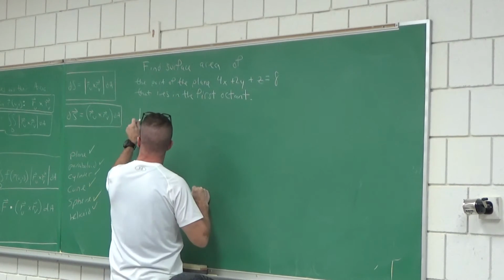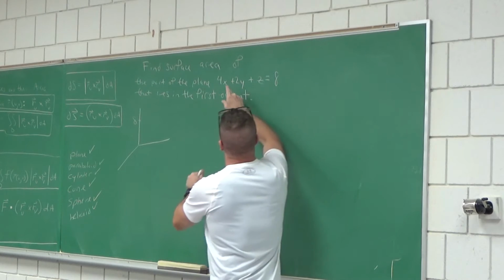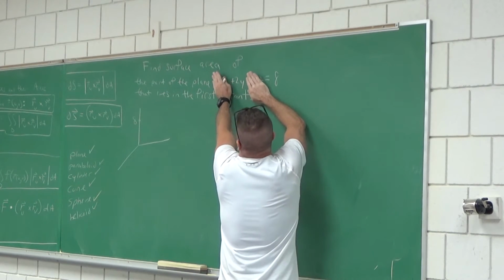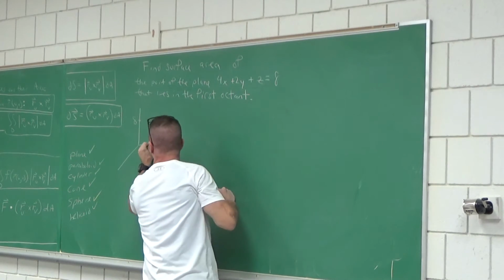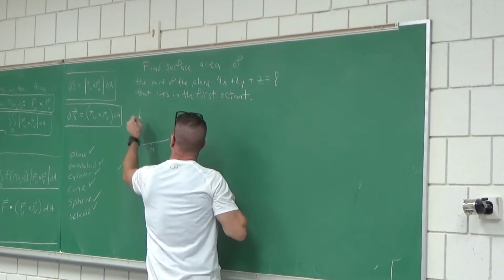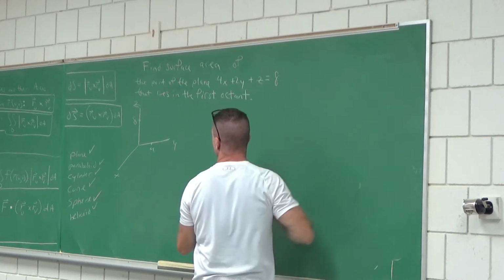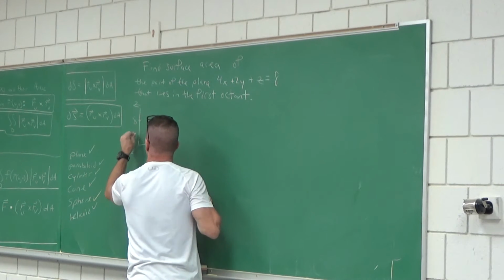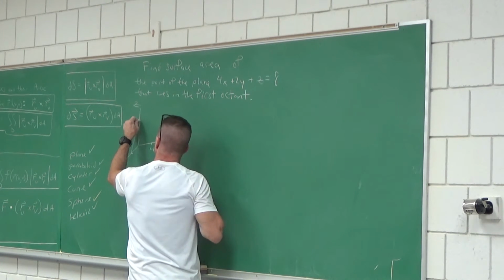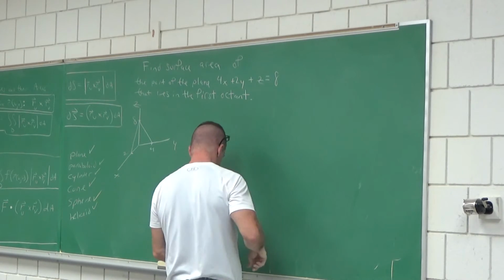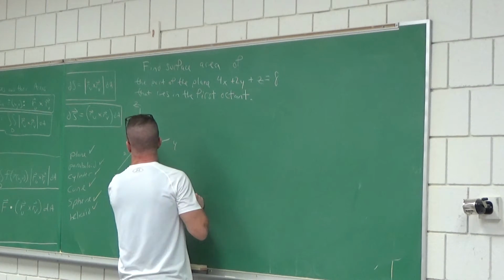Here's 0, 8. Alright. Find the y-intercept. 4. And now find the x-intercept. 2. Everyone, they want the surface area of this triangle right here.